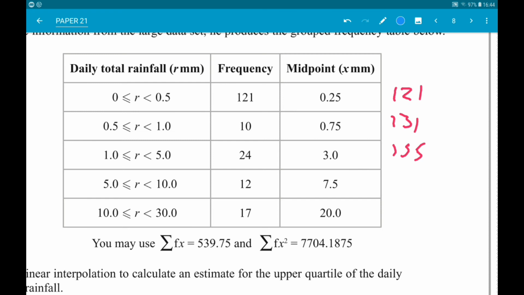Now, we've used the midpoint in that interval as 0.25. So, we've overestimated those zeros. So we will have calculated a higher mean, so the actual mean will be smaller.